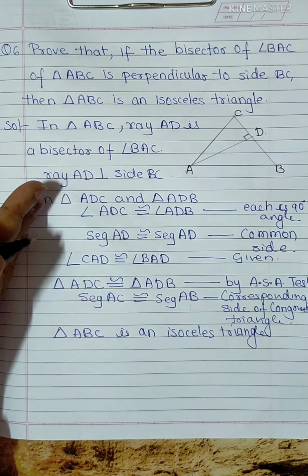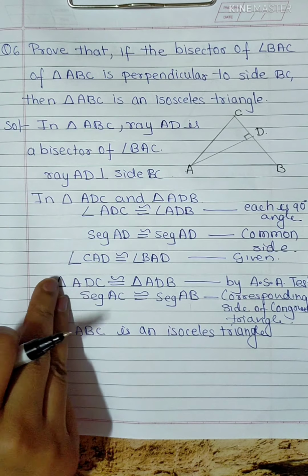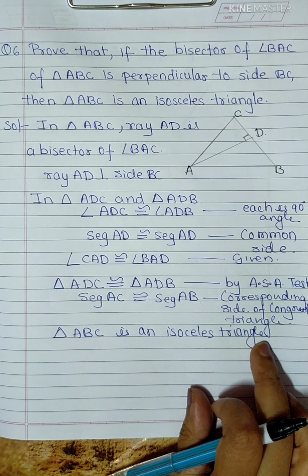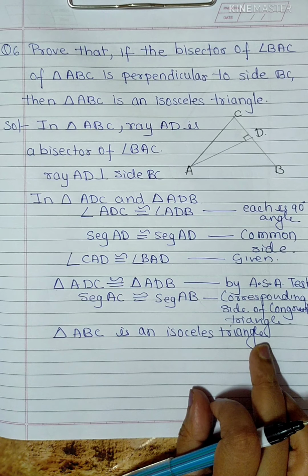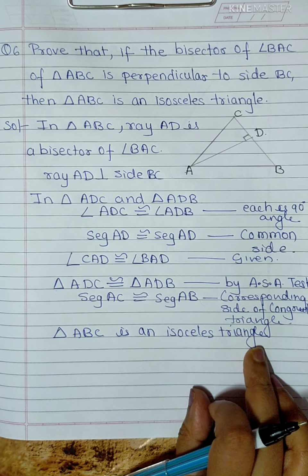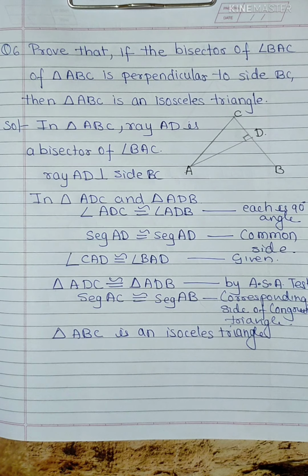Please follow the steps. Each and every step is very important, and write the correct reason so that it is clearly understood by everyone. So here we have solved question number 6.